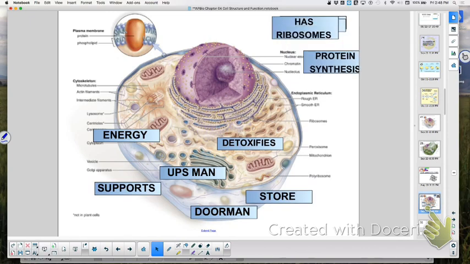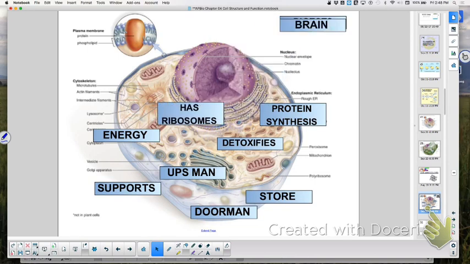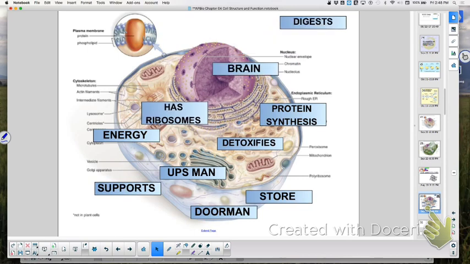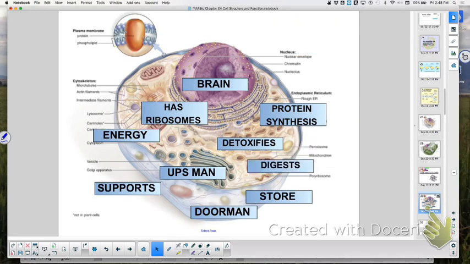Who does protein synthesis? Ribosomes. You won't tell me ER, because it's not the ER that does the protein synthesis. It's the ribosomes that may or may not be sitting on the ER. Right? Okay? Who has ribosomes? Rough ER. Who's the brain? Nucleus. Who digests? Lysosomes. Okay, that's good. Good on that.